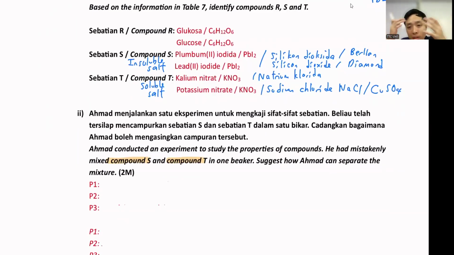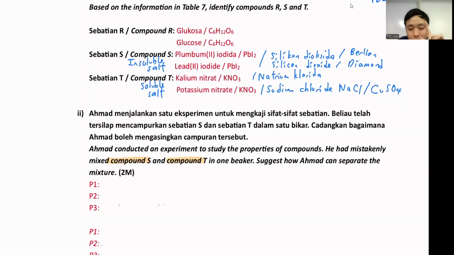Even when you cook Maggi mee, when you want to get the dry noodles, you know what to do, right? After you cook the noodles, how do you split? You have to use a filter. Very simple, right? But first of all, you cannot just put solid and solid mixed together. You must put in water.